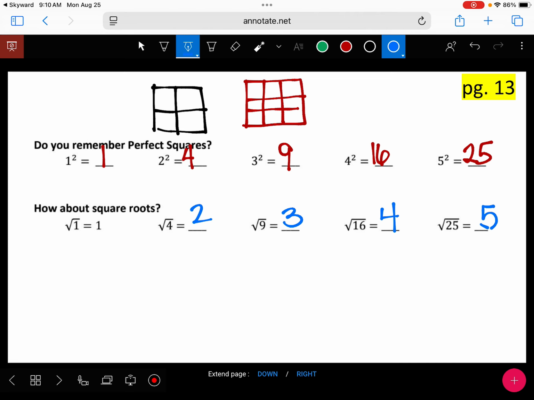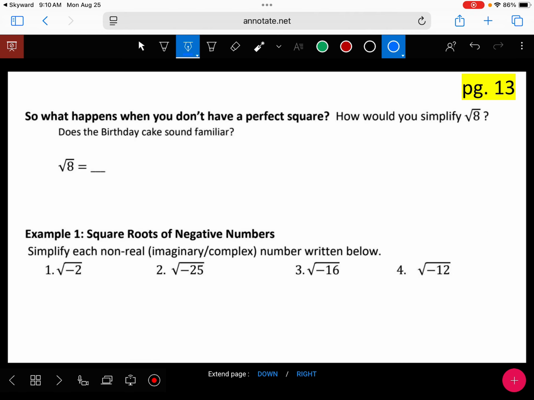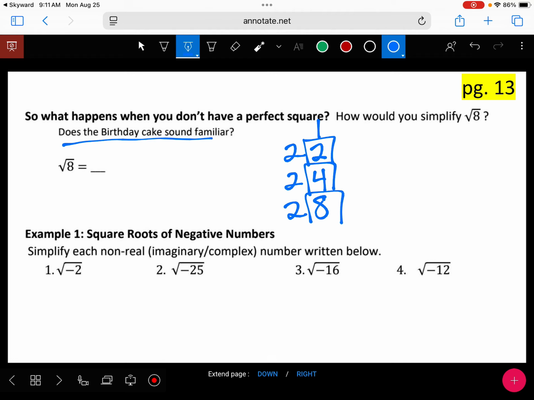So when we simplify a square root, well, let's talk about simplifying a square root in general. I think most of you all would make a cake, which I'm going to do that. Remember, you just keep dividing it by prime numbers until you get to the birthday candle at the top, which is a 1.